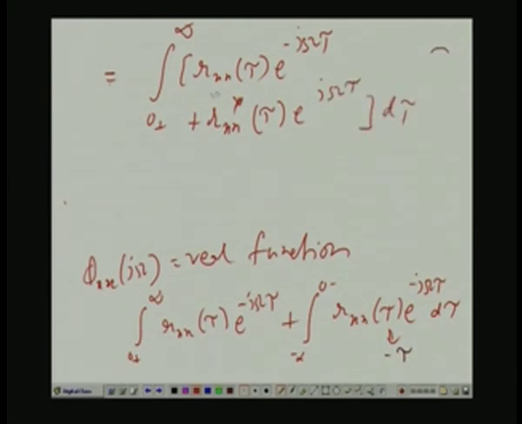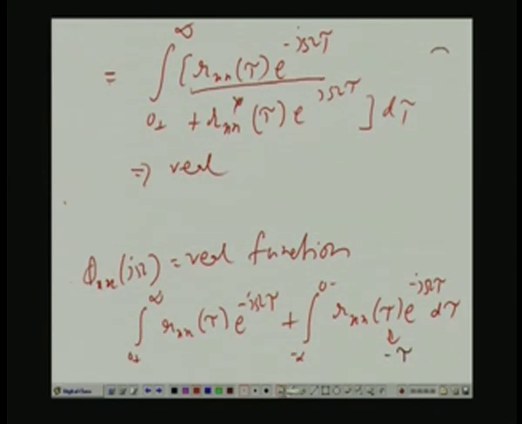Now, you see, if this quantity you call z, then the other quantity is simply the conjugate of z: r x x star tau e to the power plus j omega tau. So z plus z star is always real, isn't it? So this is real even when the process is complex valued and the correlation is complex valued. This is number one property.